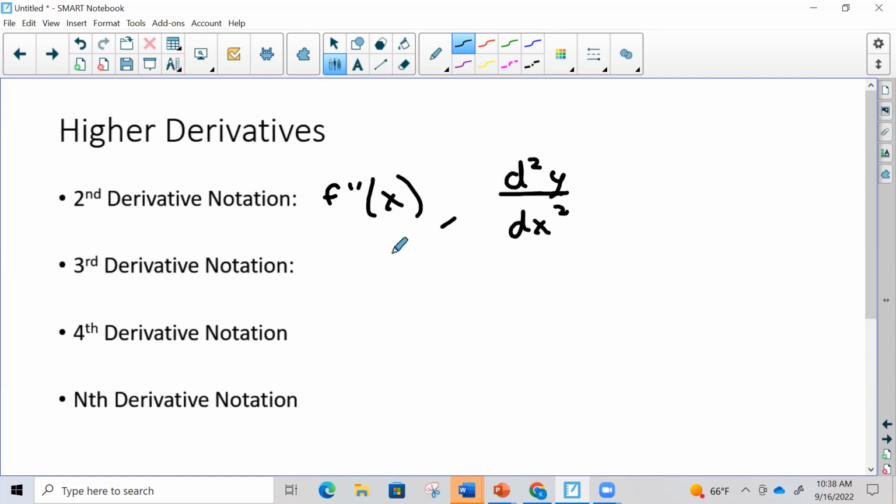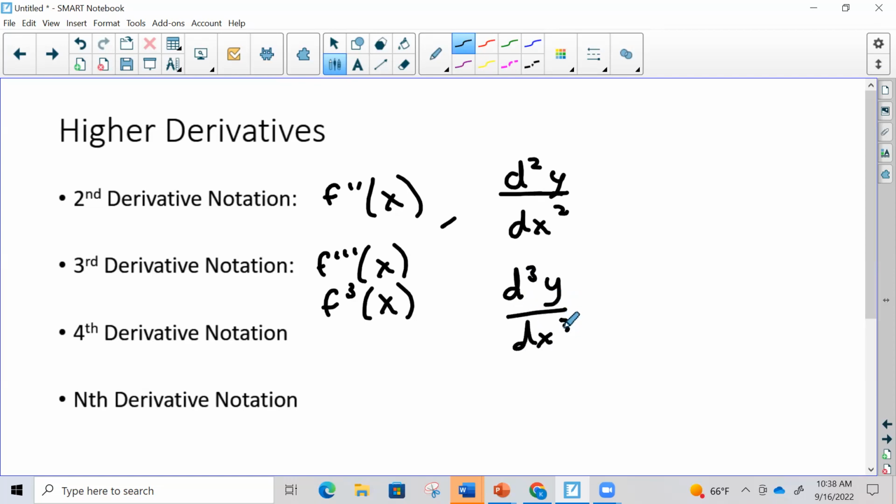For the third derivative, it gets kind of tedious to do all these apostrophes. So instead we just put a little 3 there. After the second derivative, we usually put the number of whatever derivative we're doing there to indicate what derivative we're finding. And then again, you could write it as d3y over dx3.